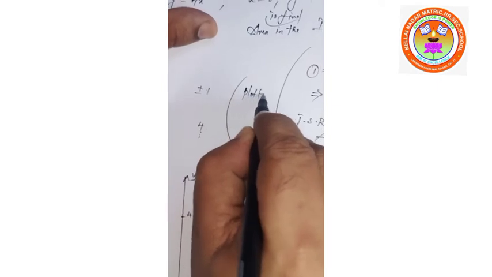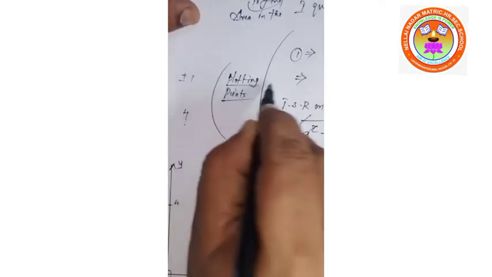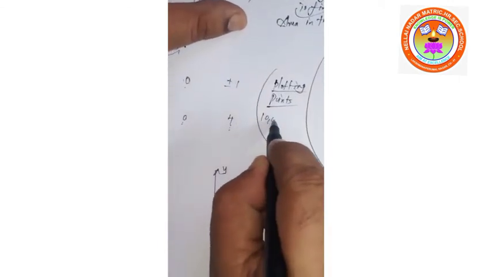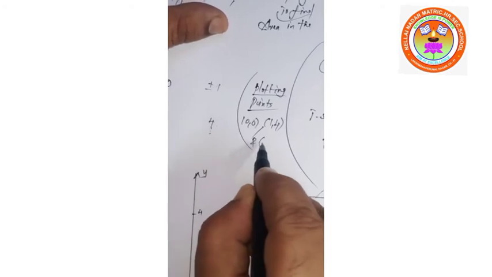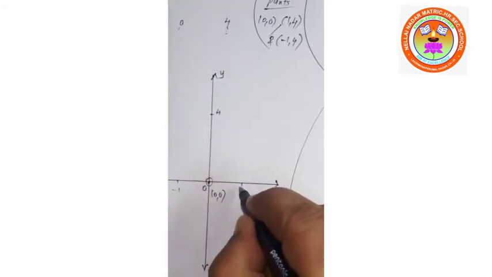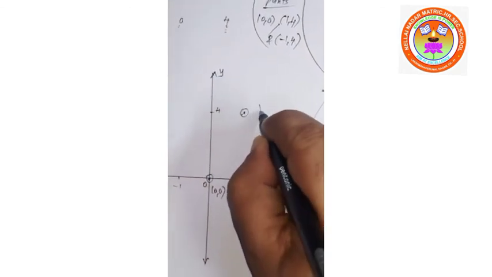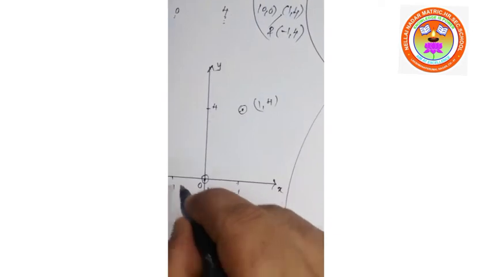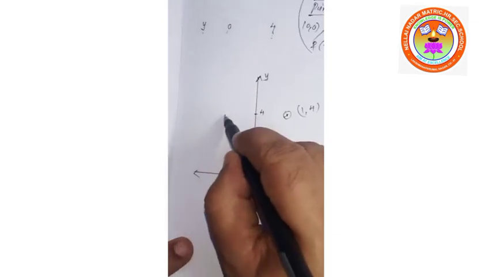For your reference, plotting points 0, 0, 1, 4 and minus 1, 4. So 1 comma 4, 1 in x-axis, 4 in y-axis. Minus 1 comma 4, another point, minus 1 in x-axis, 4 in y-axis.